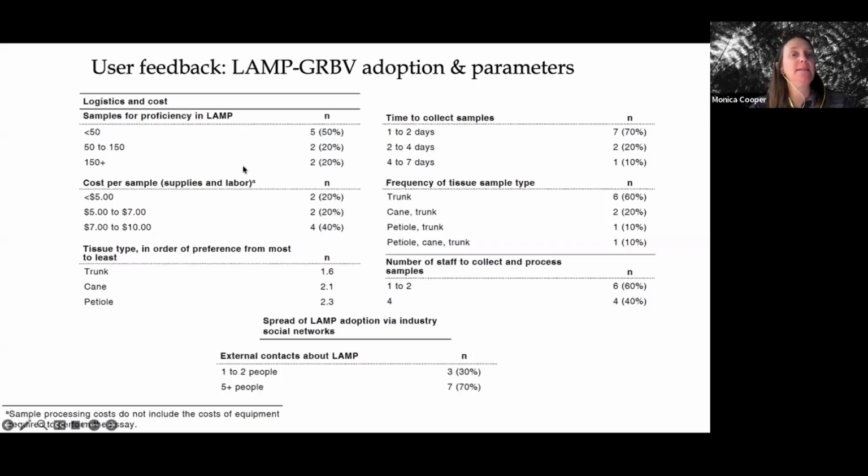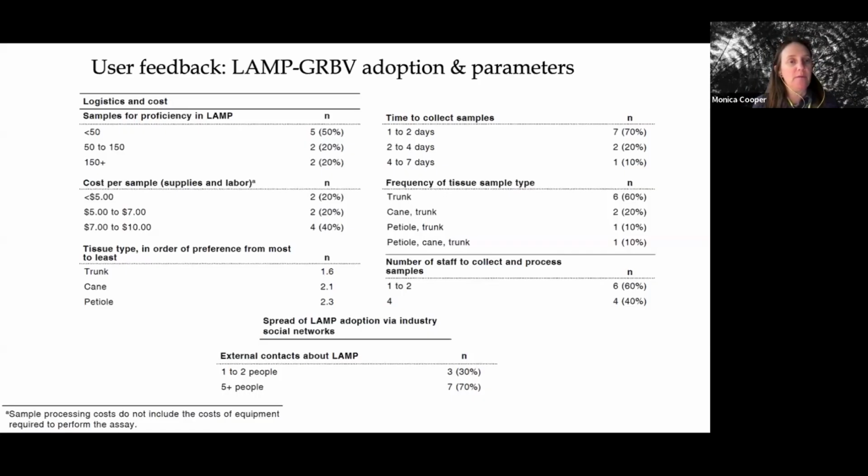So as I said, it does take a little bit of time to get proficient in the assay. And most of the people who responded to the survey said that by the time they had done around 50 samples, they felt like they were proficient. For a few of the respondents, it took 150 samples or more before they felt proficient. But that gives you an understanding of how long it takes to develop that proficiency.